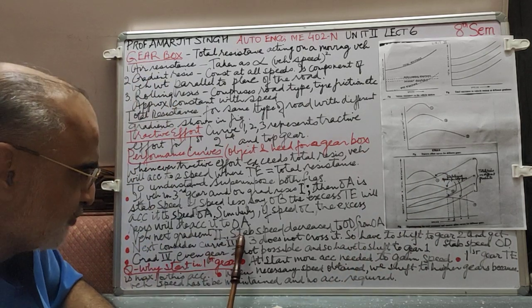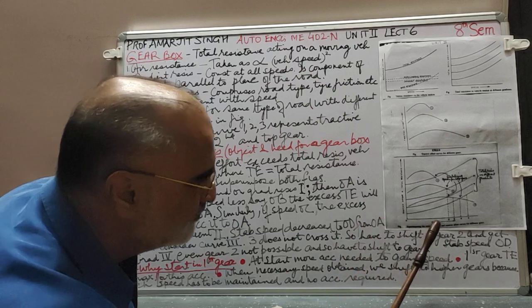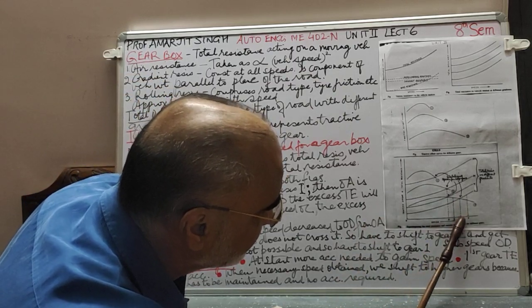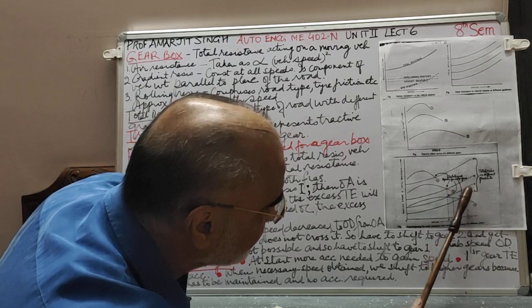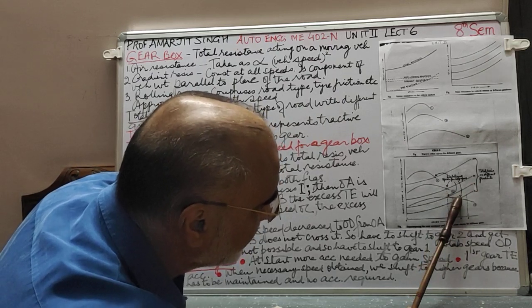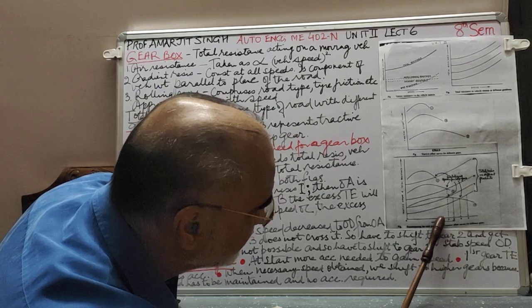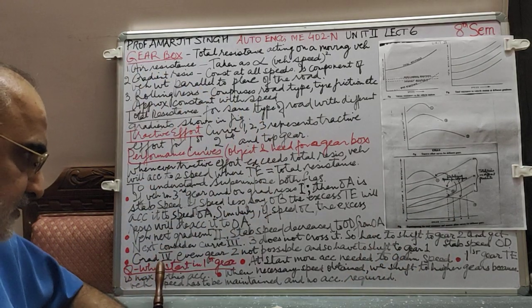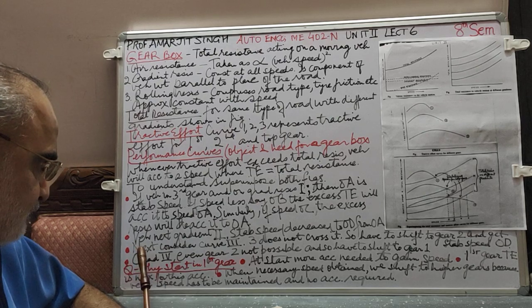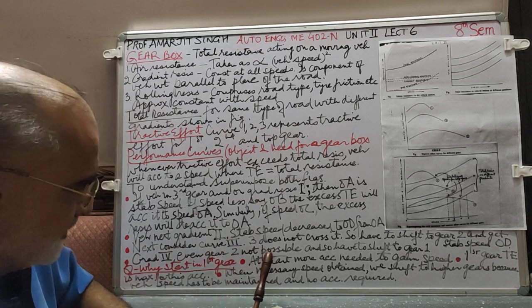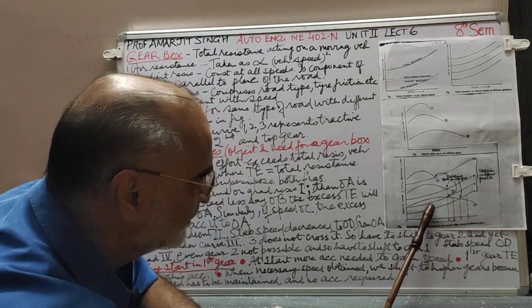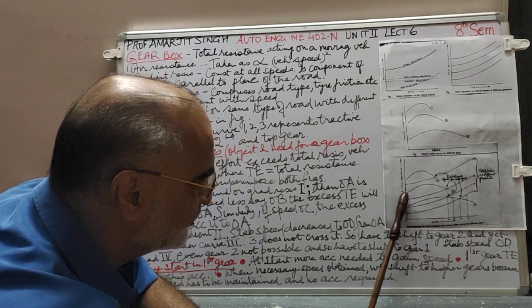Vehicle next gradient 2, stabilizing speed decreases to OD from OA, as I said. From OA it has reduced to OD. Next, consider curve 3. 3 does not cross it, so we have to shift from 3 to 2.